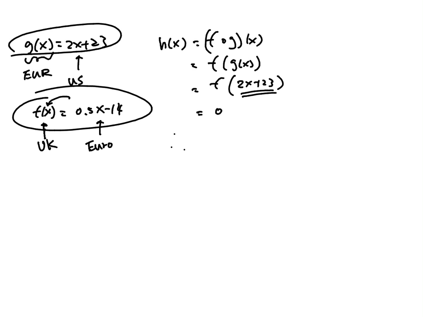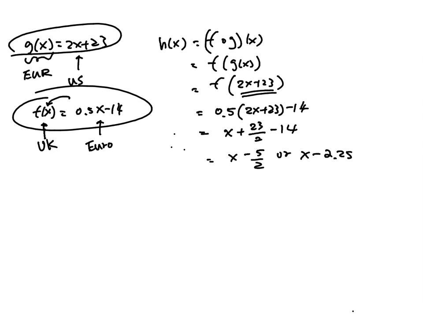So this is 0.5 times 2x plus 23 minus 14, which is x plus 23 over 2 minus 14, which is x minus 5 over 2, or x minus 2.5. Sorry, not 2.25, 2.5. Okay. All right. So that'll take care of part A.